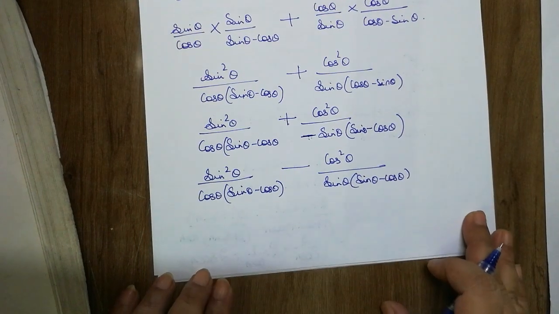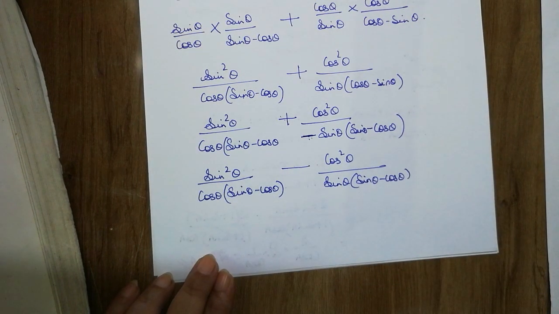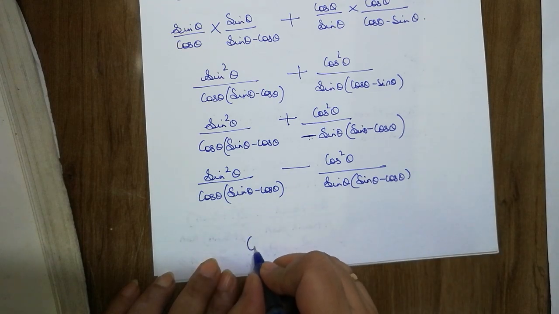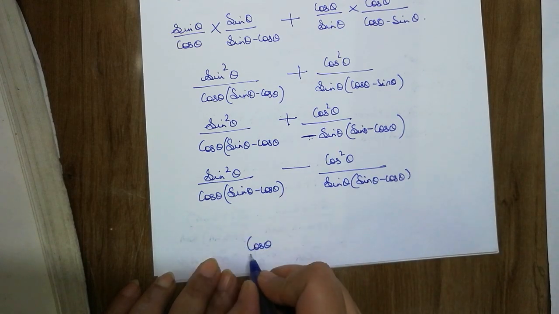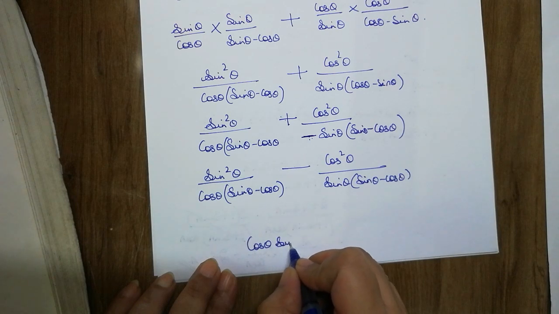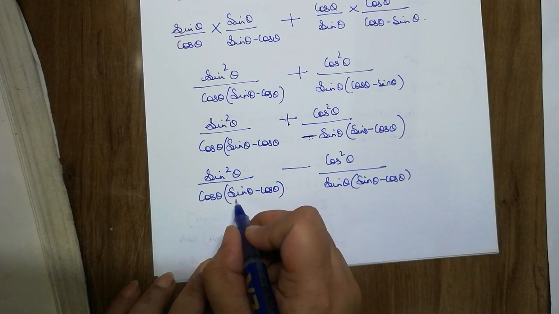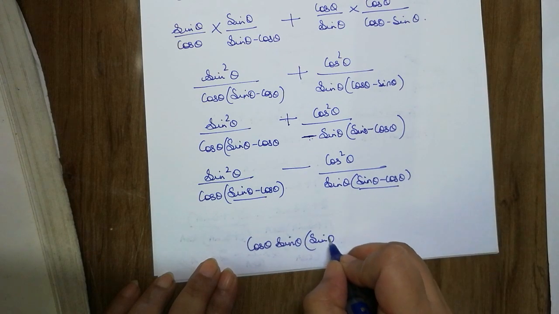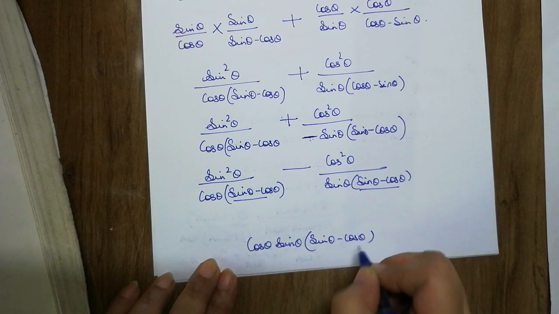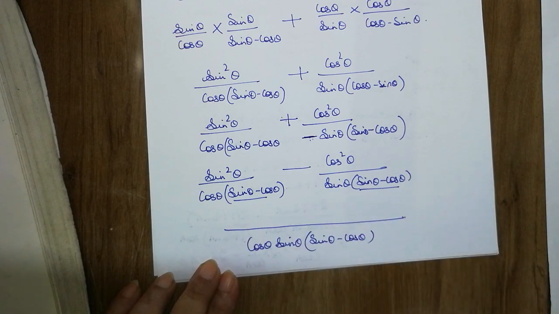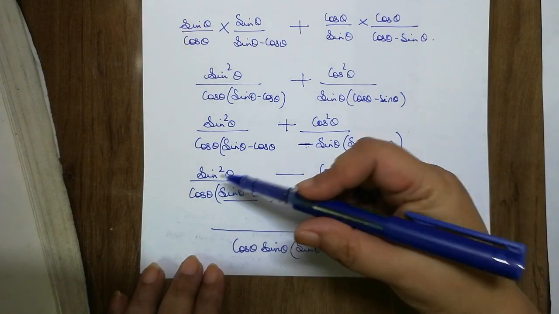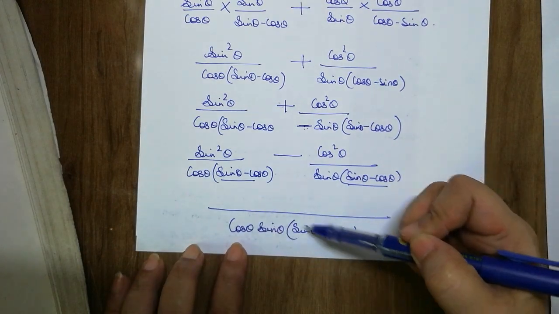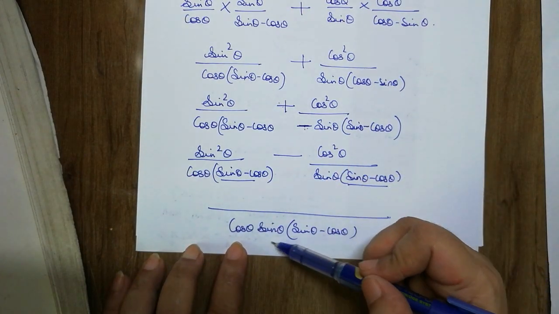Now next part, look, now it is easy for us to take the LCM. Here I will take one time cos theta, the single term first, and then you take this sin theta here. Now look, this bracket and this bracket are common, so the common thing one time is the LCM. Now here, this is cos in the LCM, then this bracket is there, and the one missing here is sin.